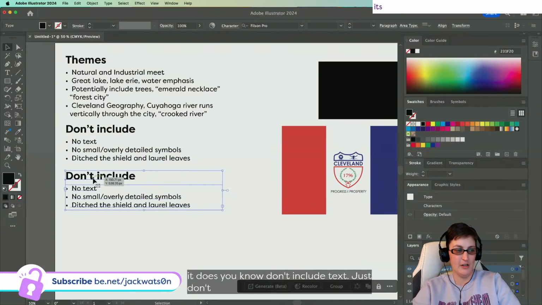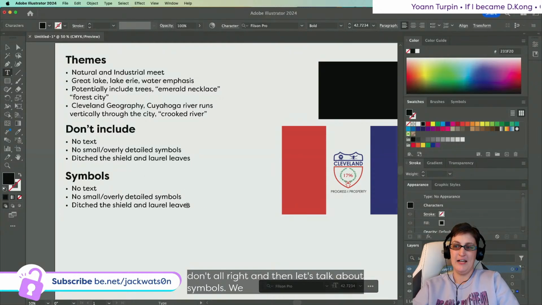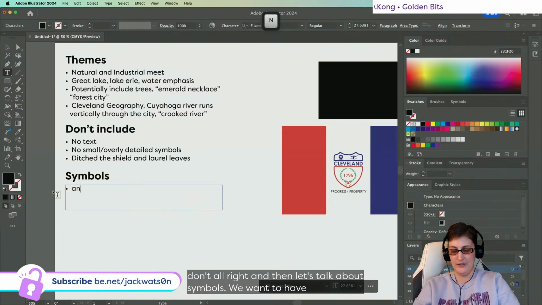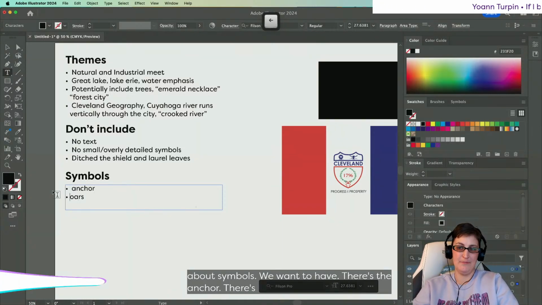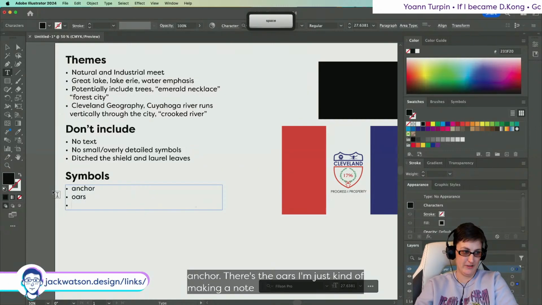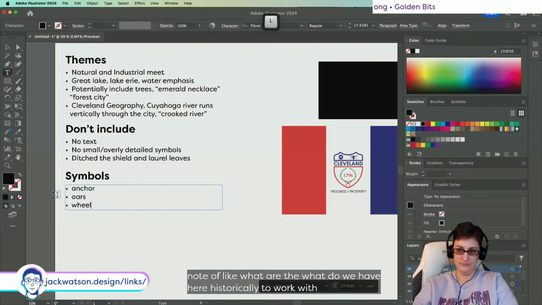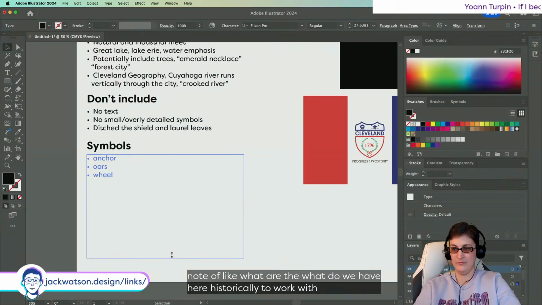Just don't. Alright, and then let's talk about symbols. There's the anchor. There's the oars. I'm just making a note of what we have here historically to work with. Extend this down.